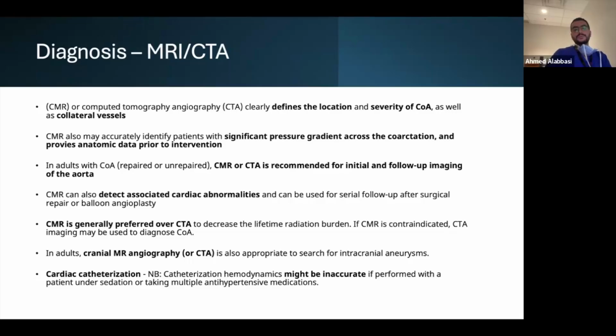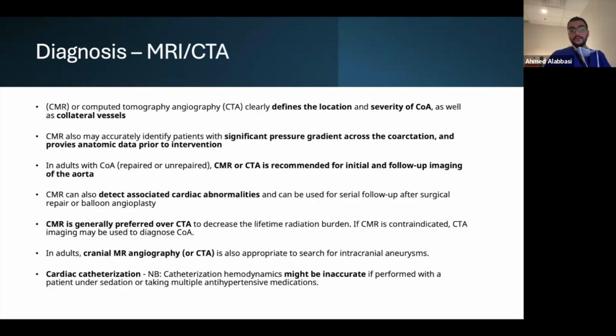If you have patients with a coarctation of the aorta, even if it's repaired or unrepaired, it's recommended through the AHA and the CCS guidelines, both, that CMR or CTA be done as either an initial or follow-up imaging of the aorta, even post repair. It may also be able to detect some other cardiac abnormalities as well.